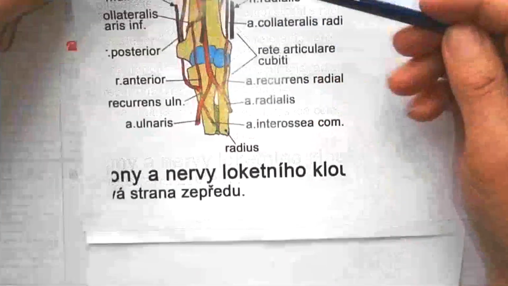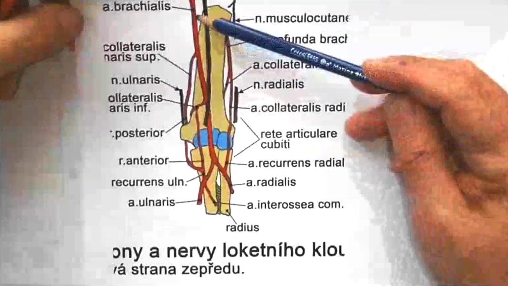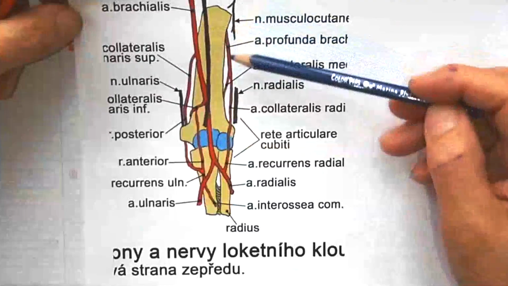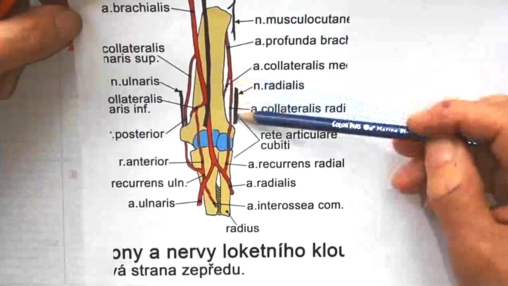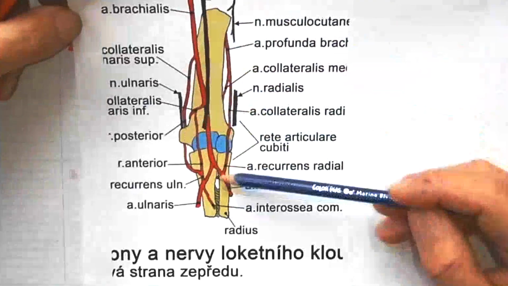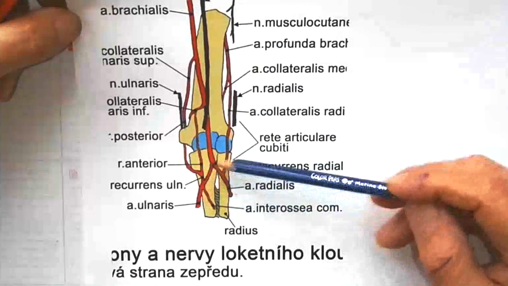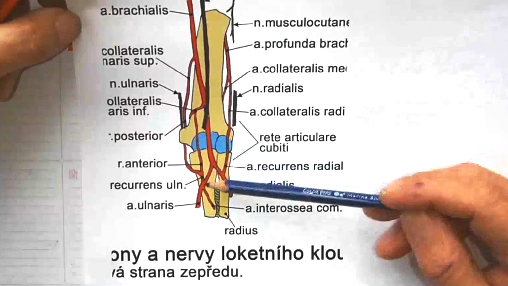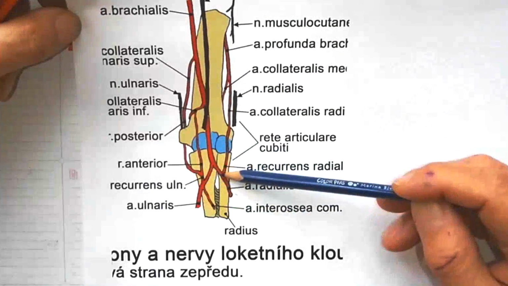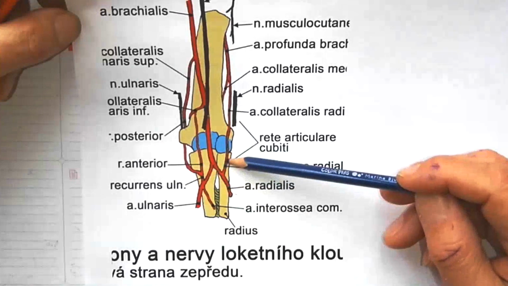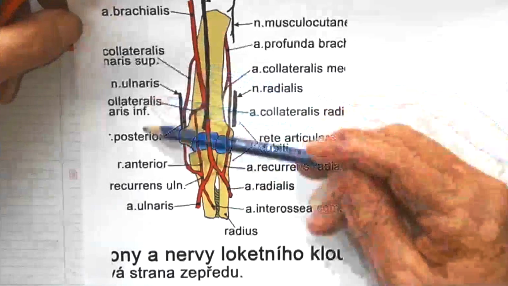Details are not necessary. We mentioned that the arteries that descend, brachial and profunda brachii, send the collateral branches, and then the branches of the brachial artery, the ulnar and radial, give off the recurrent arteries. So all the arteries together form the collateral system.